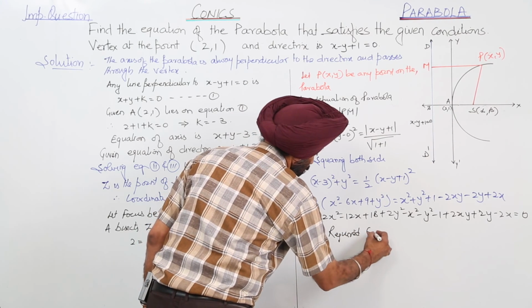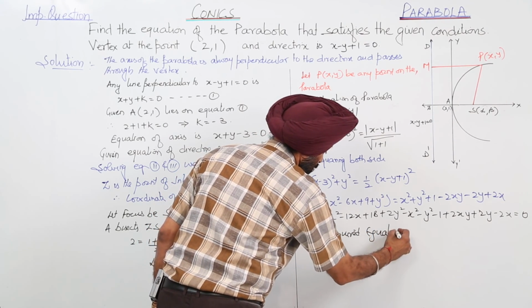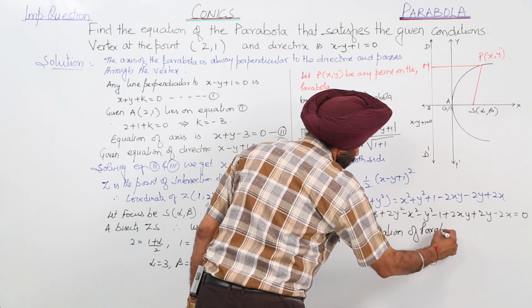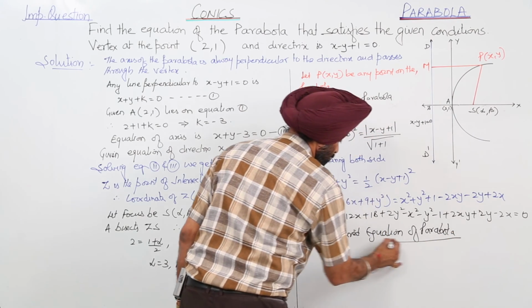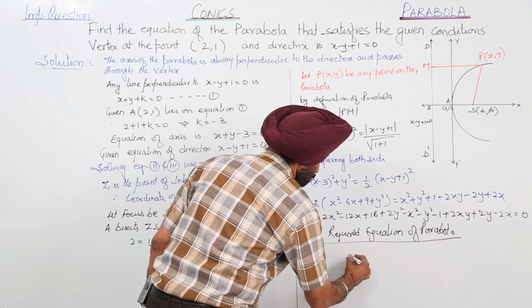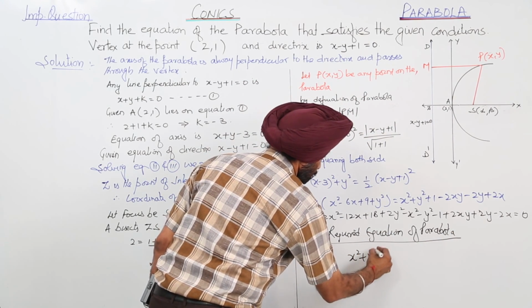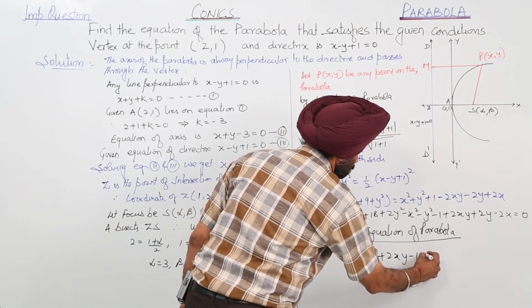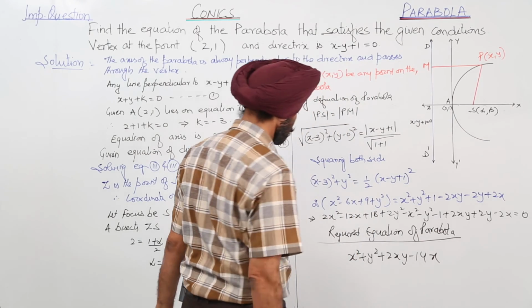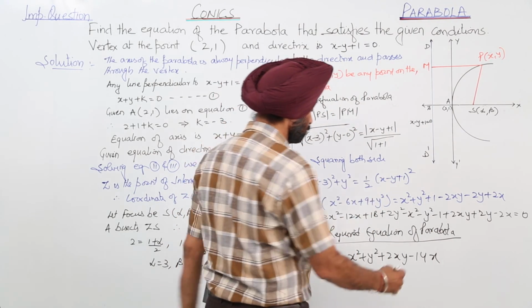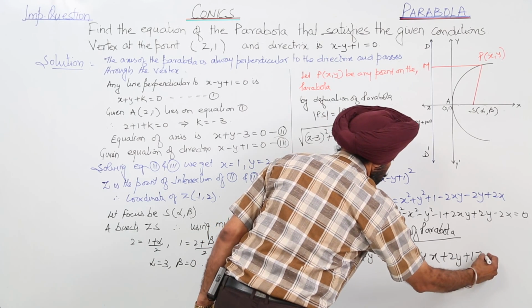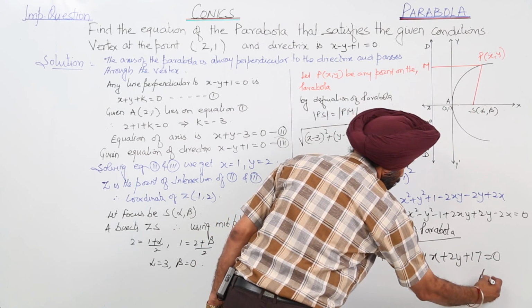The required equation of the parabola is x square plus y square plus 2xy minus 14x plus 2y plus 17 is equal to 0. Answer.